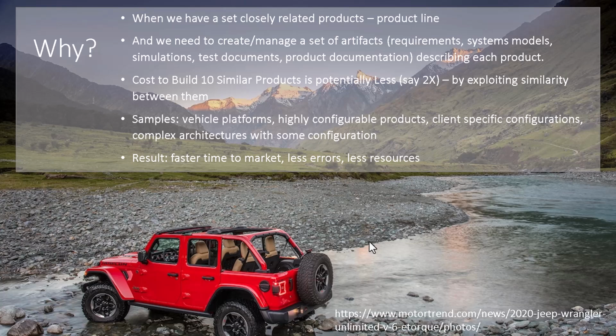But you don't want to maintain separate design documents and separate architectures, because that will be 10 times more expensive, or much more expensive, than maintaining one single architecture with configurations for each of them. Examples would be vehicle platforms, and vehicles in general.